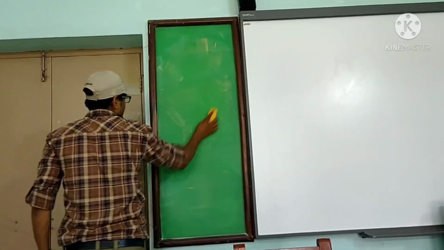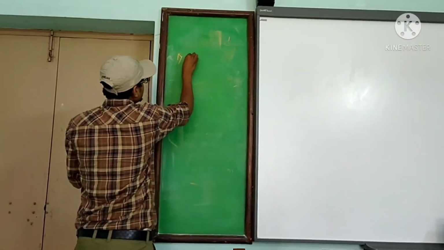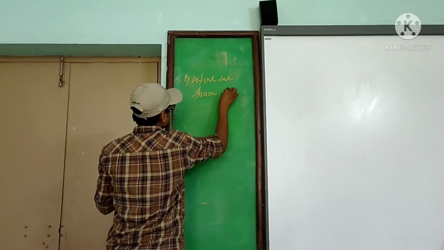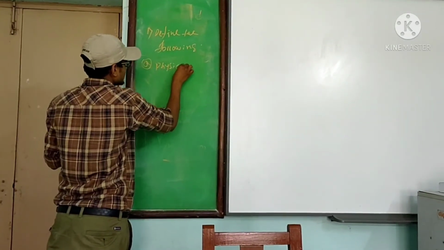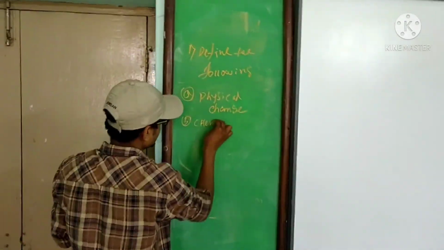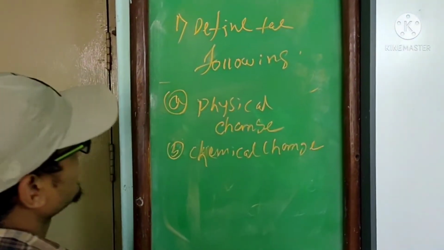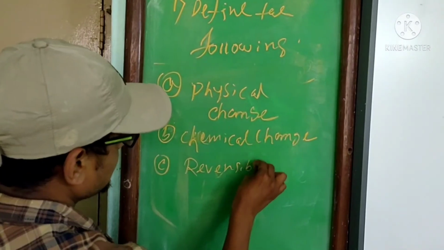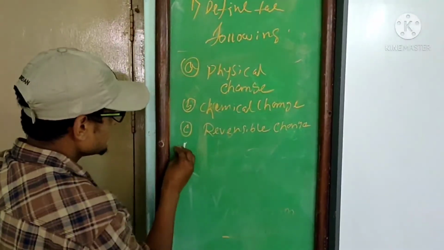Okay, define the following: physical change, chemical change, reversible change, irreversible change.